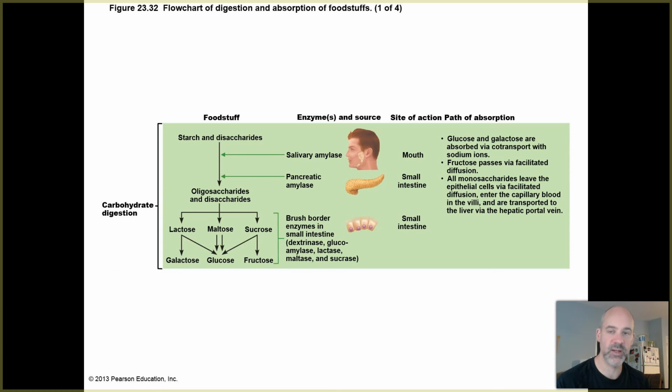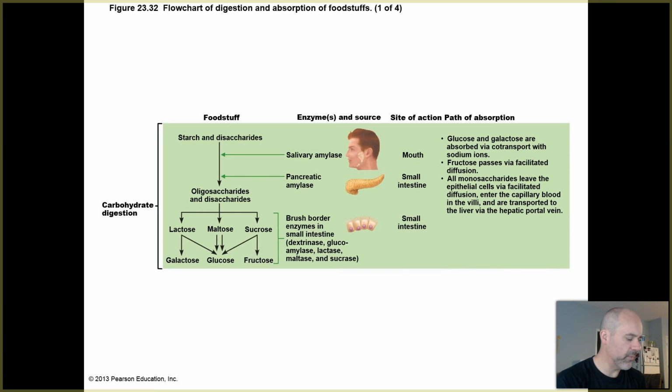Yes, with digestion, we're talking about enzymes that break bigger molecules into smaller molecules, but you also have building enzymes, enzymes that take smaller building blocks and create the larger molecules that our cells need to function. So keep in mind you need enzymes for almost any kind of chemical reaction that's taking place inside the body, both building and breaking things down. We're just right now focusing in on the ones that break things down.